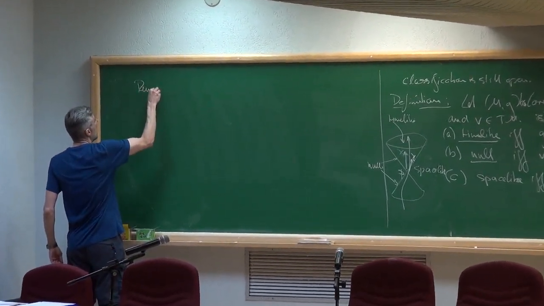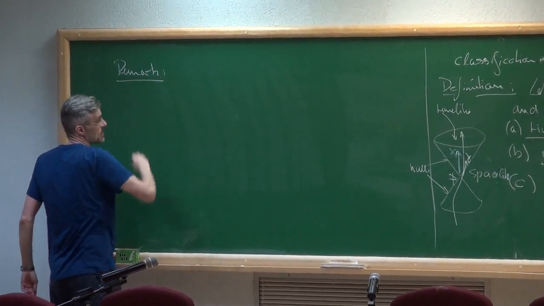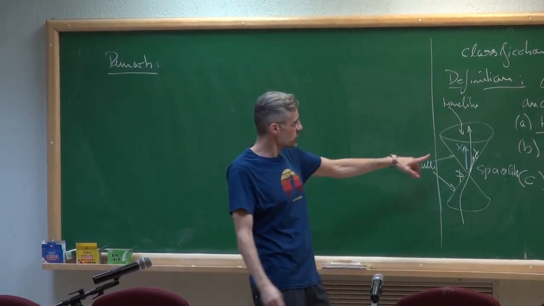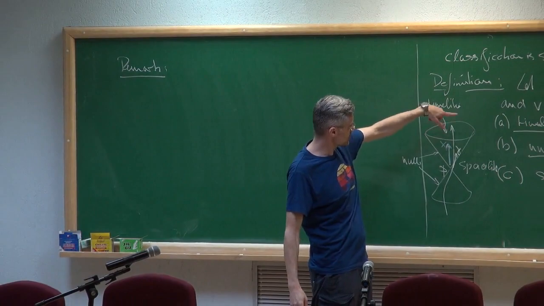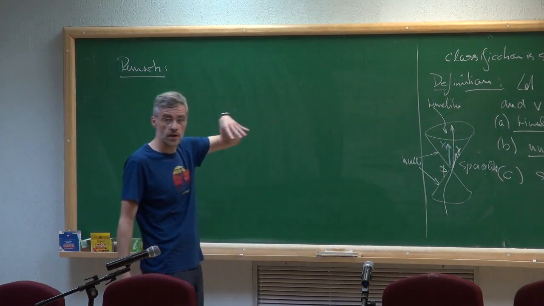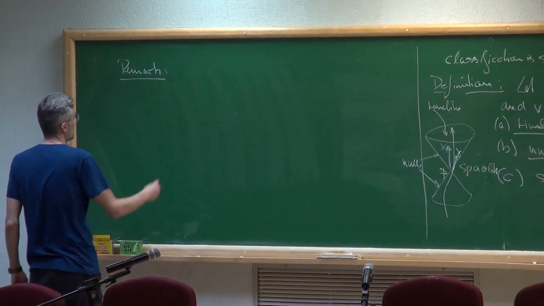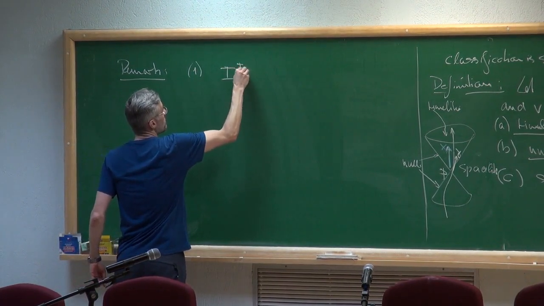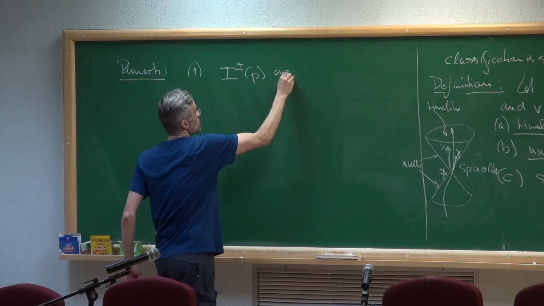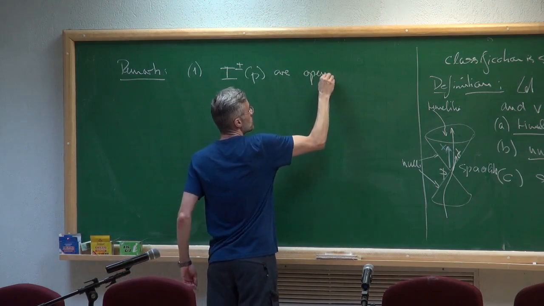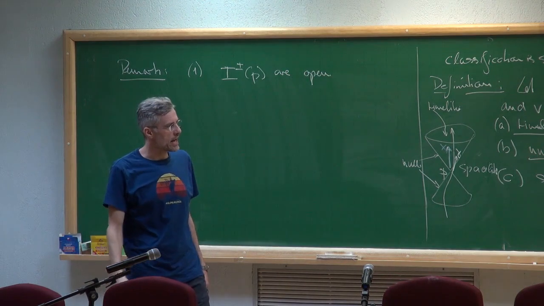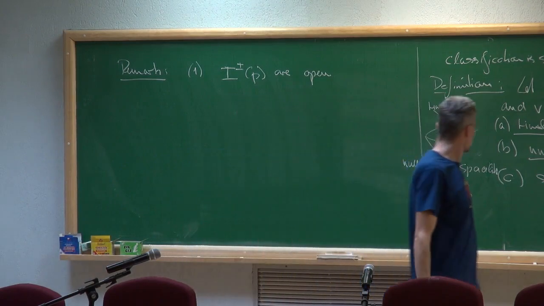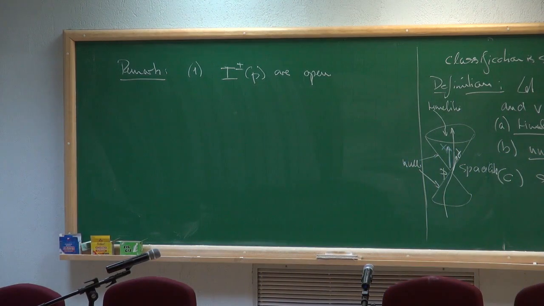Okay. And then a remark. Since the cones, the interiors of these cones in Lorentzian geometry, for Lorentzian metrics have always non-empty open interior, you know that the chronological future and past of any point are always open. These are always open sets. Whereas the J plus in Minkowski space is closed, this is generally not true.